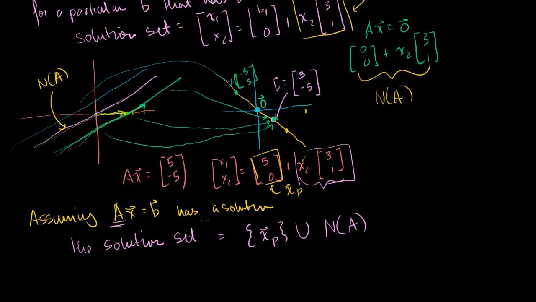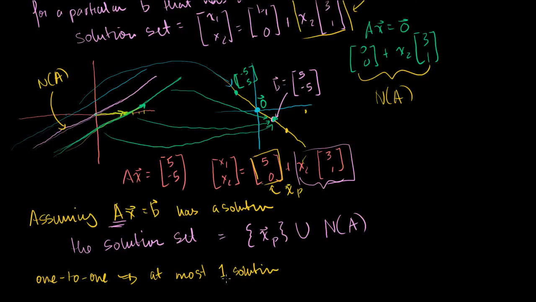And the reason why we're doing that is because we've been talking about invertibility, and in order to be invertible, you have to be onto and one-to-one. For something to be one-to-one, you have to have at most one solution that maps to a particular vector. You might have none, but you might have at most one.